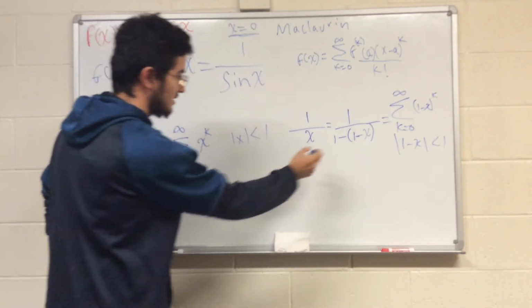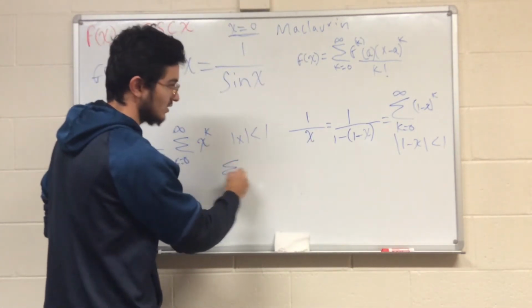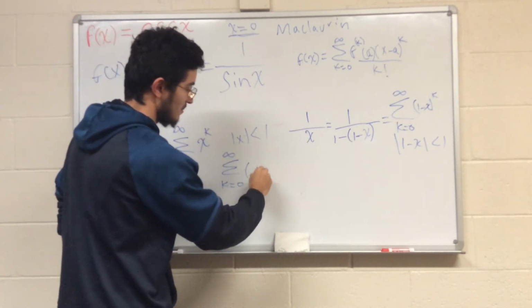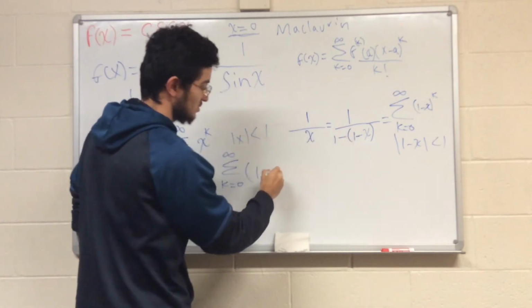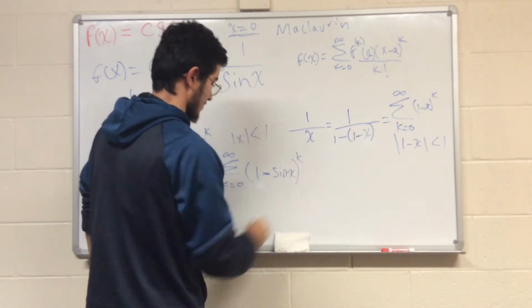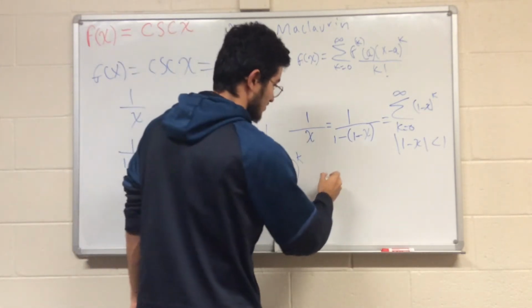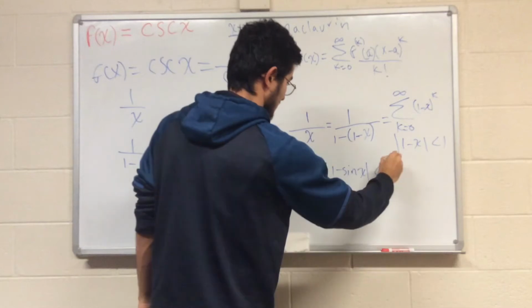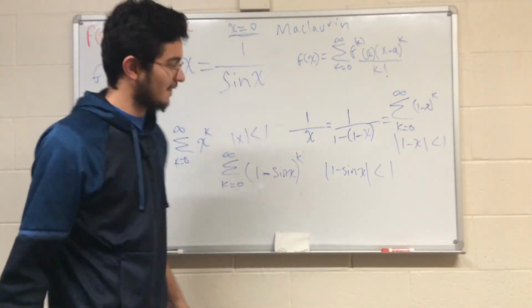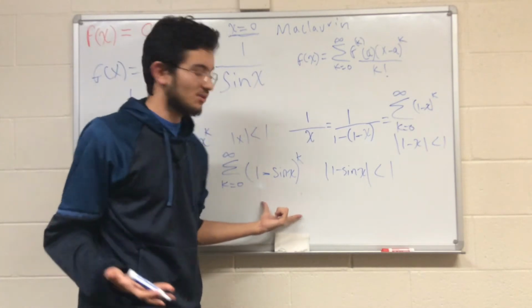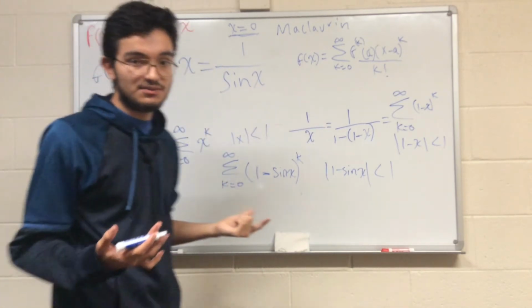If we directly substitute it in there, we have the sum from k equals 0 to infinity of 1 minus sine x to the power of k. And it is convergent for 1 minus sine x less than 1 in absolute value. Now, this is actually the series expansion for cosecant of x.